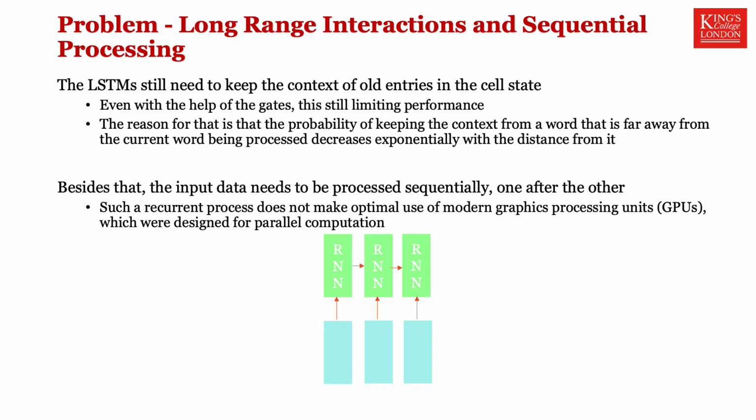So even with the help of these gates, you still have this limiting performance that comes from the fact that you need to be able to memorize things that might exist in old entities. And also, if the state size is not big enough, you will need to decide to delete certain things to then be able to add new things to it, because obviously your memory is limited.